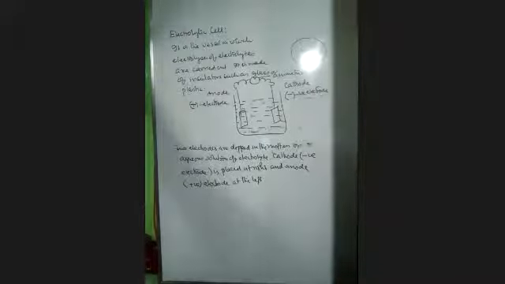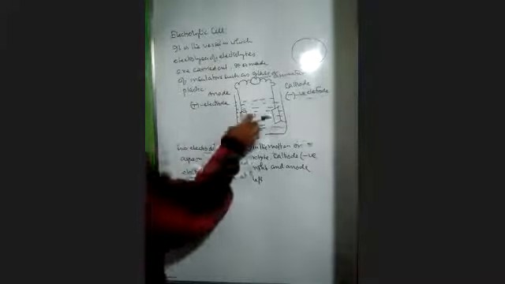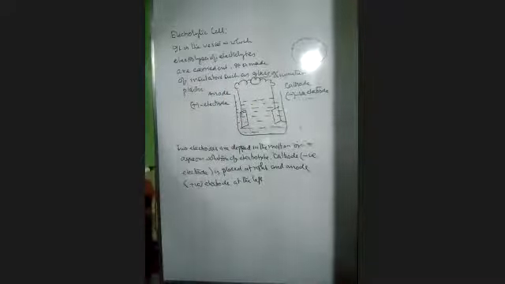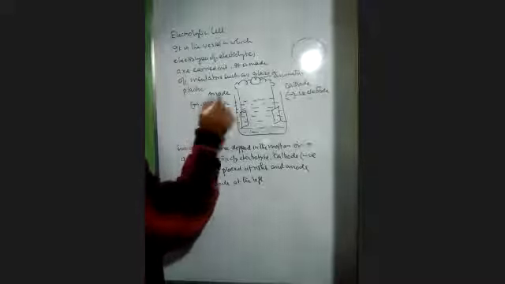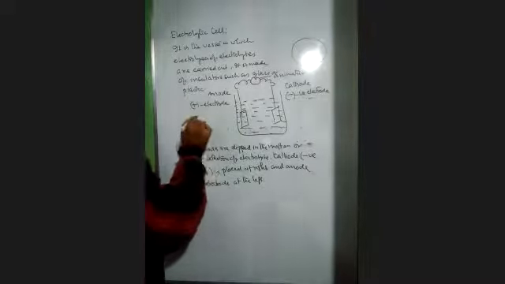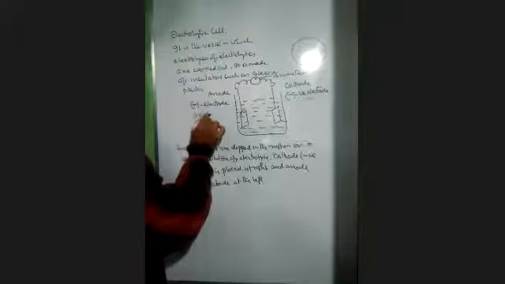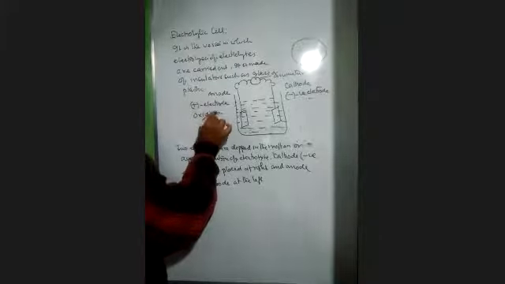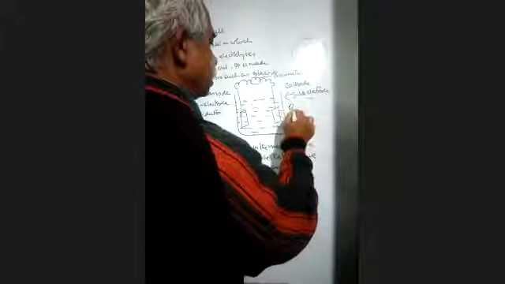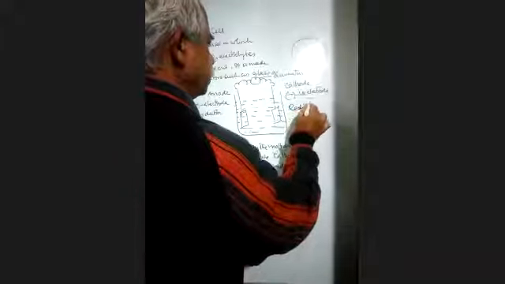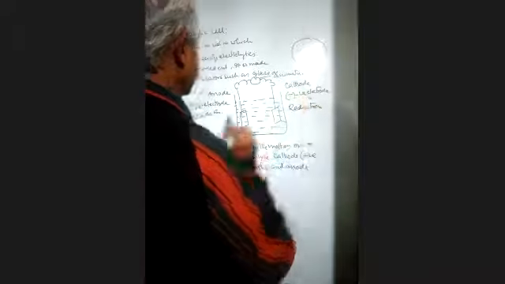Anions lose electrons, so they undergo oxidation. And cations gain electrons, so they undergo reduction.